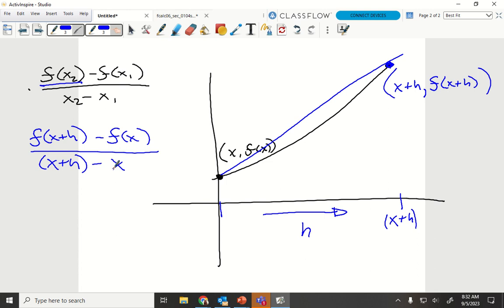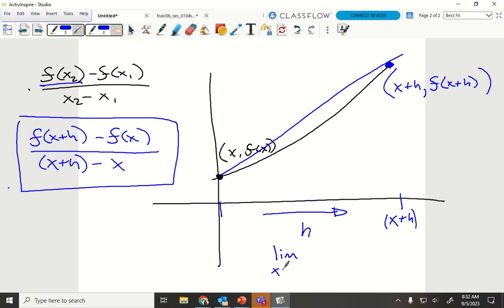Yay. Now this is the definition of finding a limit at a point, because I want the limit as h approaches 0. I want h to be super, super small, so small that it is on top of my other x value.